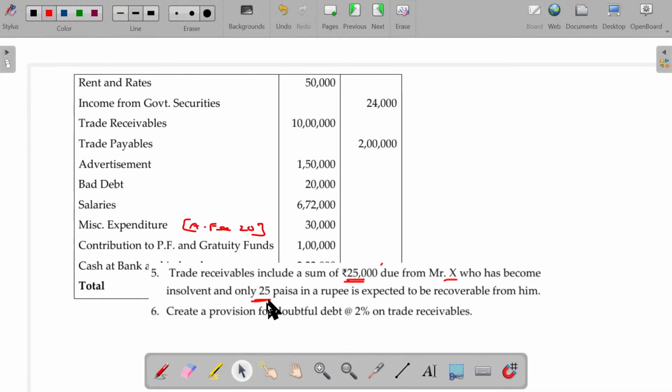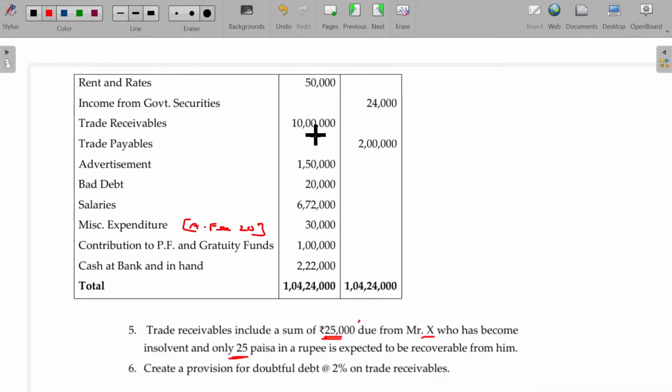Trade receivables here being 10 lakhs. Out of this, 25,000 belongs to Mr. X. Balance 9 lakhs 75,000 could be recovered from the others. On Mr. X, only 25 paise in the rupee is expected, and provision for doubtful debts required being 75%.